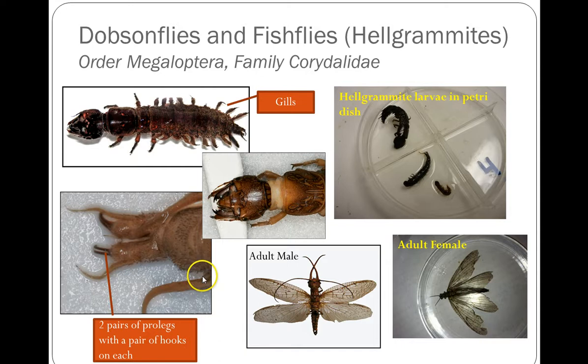We don't actually have to tell apart Fishflies and Dobsonflies from each other in RiverWatch. We just group them into the Hellgrammite / Dobsonfly category. But if you were curious, a Fishfly does not have the really thick tufts of hair-like gills under its abdomen; instead it has a kind of breathing tube, that long thing coming off of it right there.